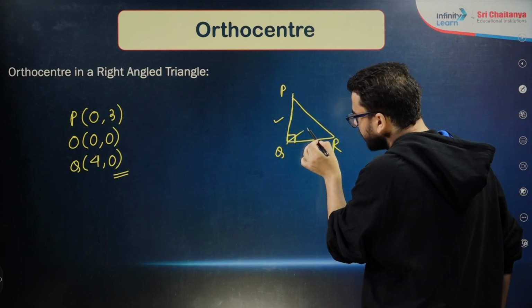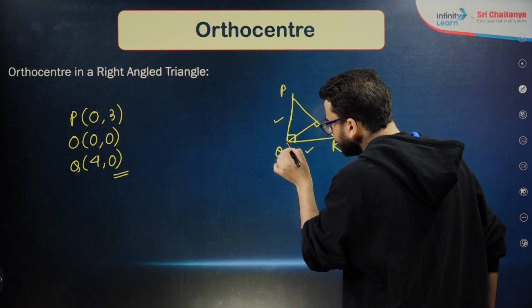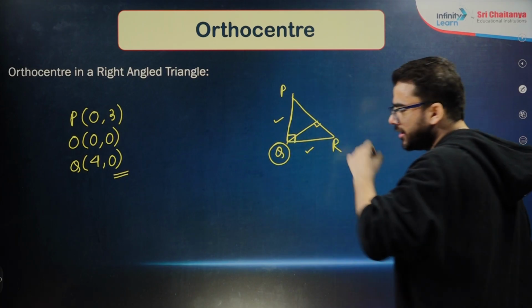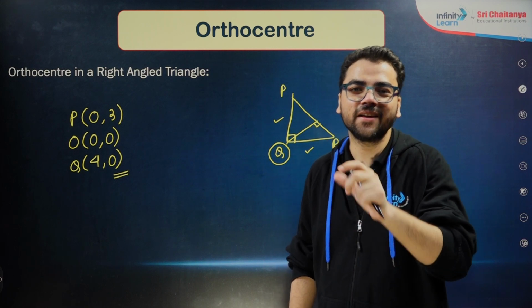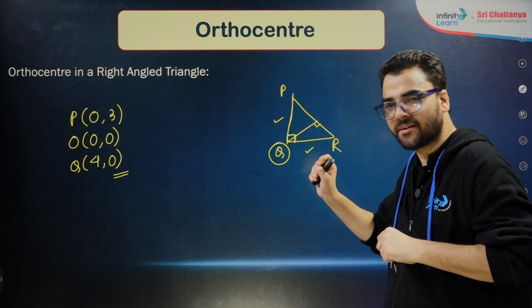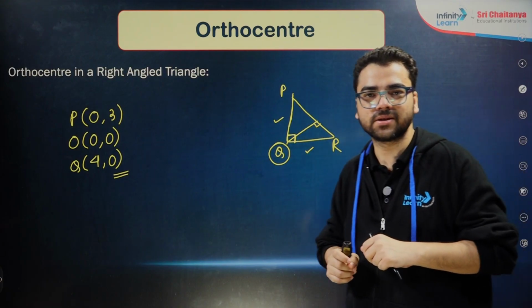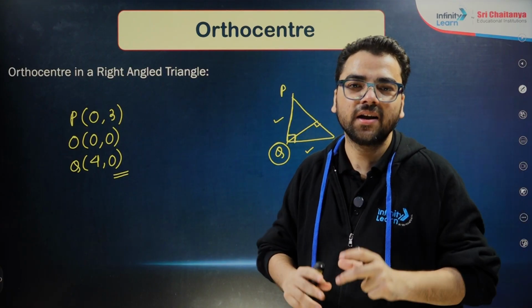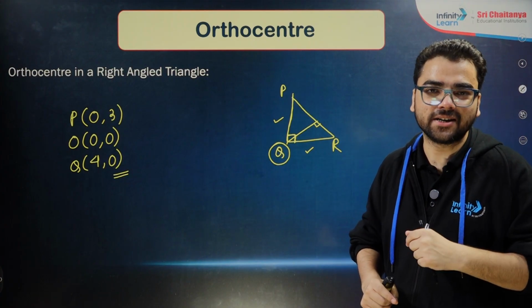And from this, if you draw the altitude, it will be like this. So the point of intersection of the altitudes is this one only. So in a right angle triangle, the vertex containing the right angle is the orthocenter because that is the point of intersection of the three altitudes. So in a right angle triangle, the vertex containing the right angle is the orthocenter itself.